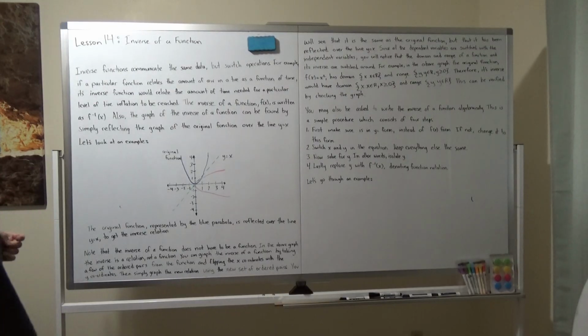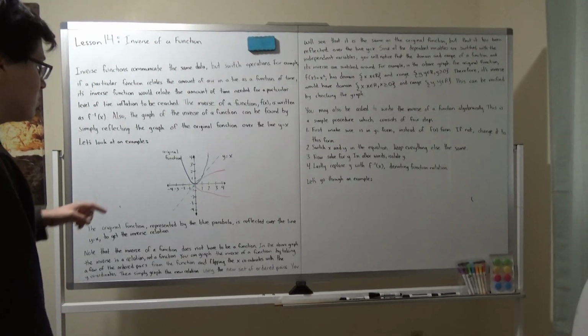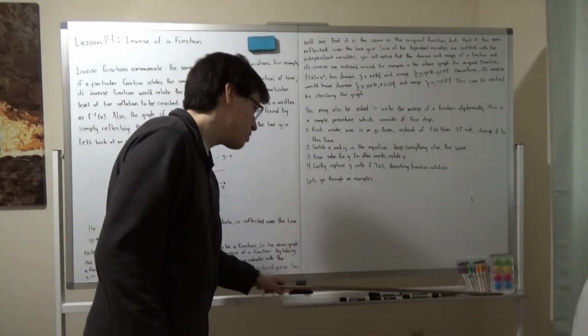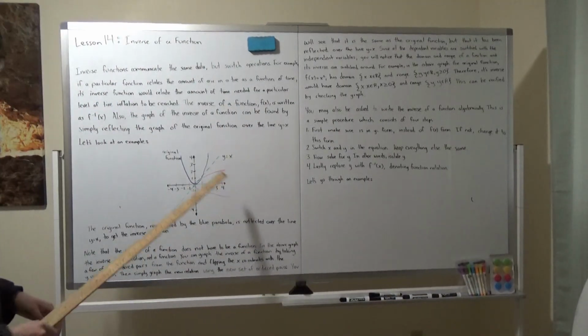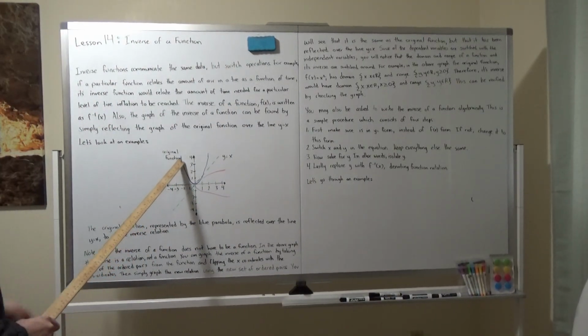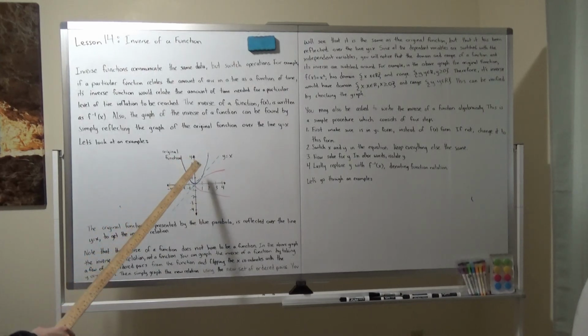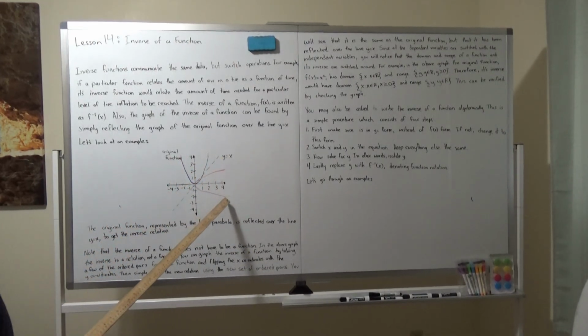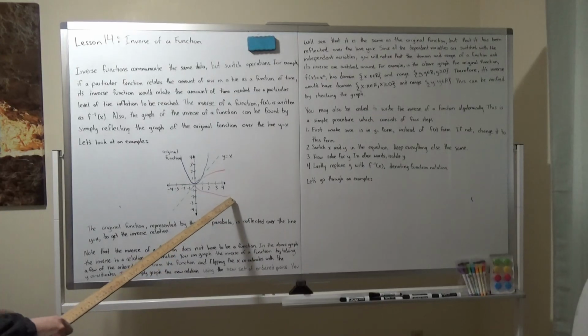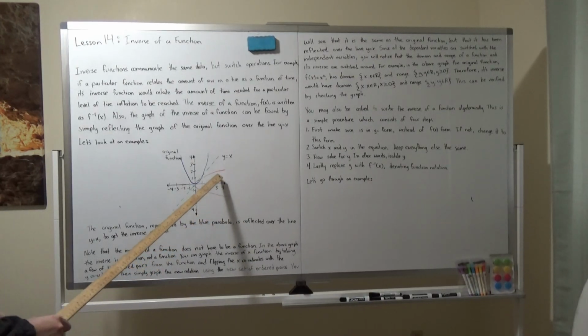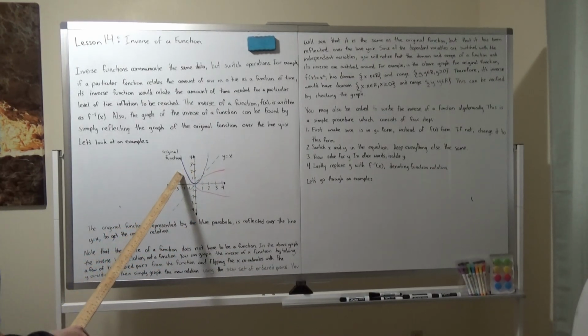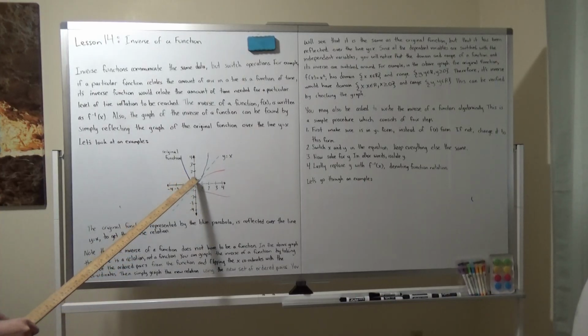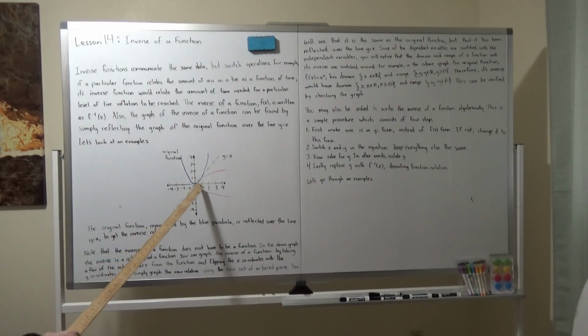Let's look at an example. The original function, represented by the blue parabola, is reflected over the line y equals x to get the inverse relation. The original function is the blue function, y equals x squared.